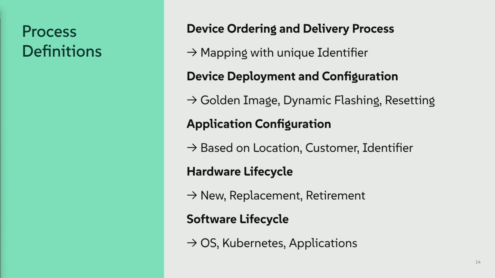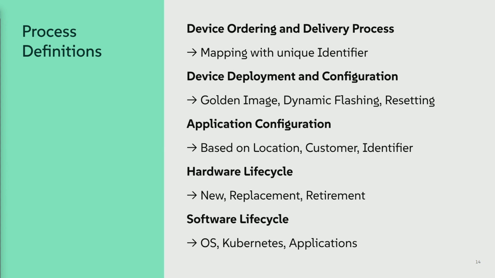Process definitions. Basically, whenever we look into rolling out 3,000 devices or 100,000 devices, we have a large-scale scenario. We need to think about how I manage the identity of my devices and what the process looks like when I get a new device or a device replacement.